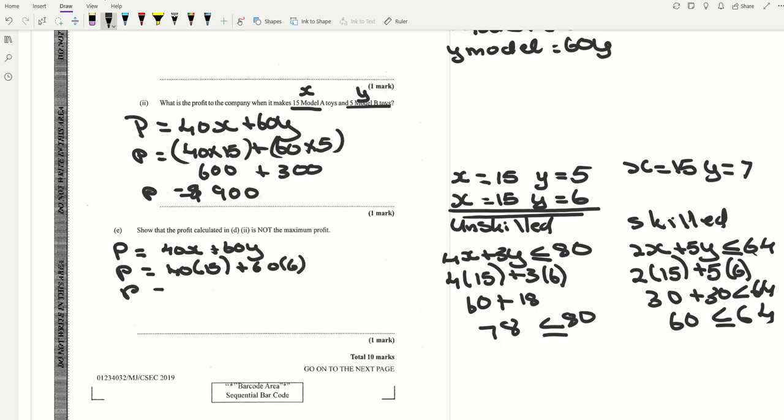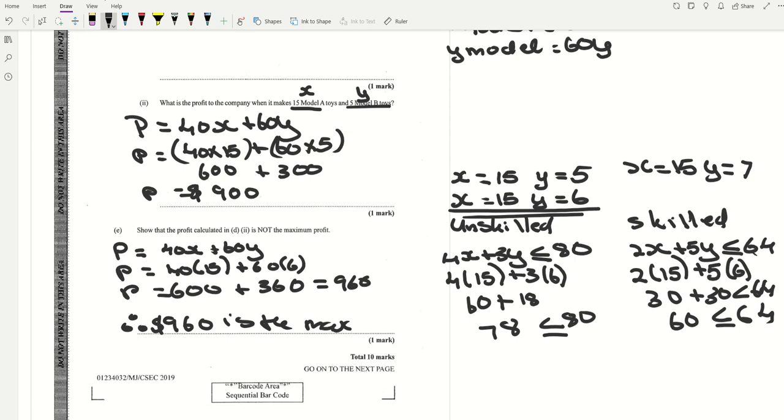So my profit is equal to 600 plus 360, which is equal to 960, which is in fact greater than 900. So therefore $960 is the maximum, right?